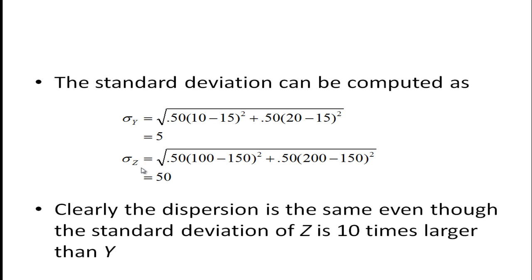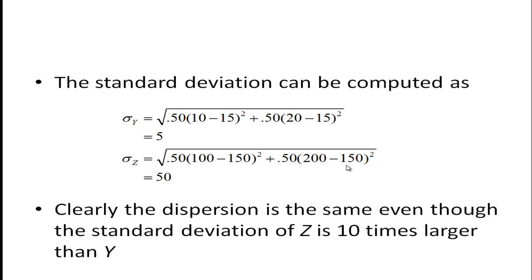I do the same thing for z. 50% chance that you get 100 minus its mean value of 150 squared, plus 50% chance that you get 200 minus its mean value of 150 squared. And so what's this? 100 minus 150 is minus 50. If we square it, it's positive 2,500.